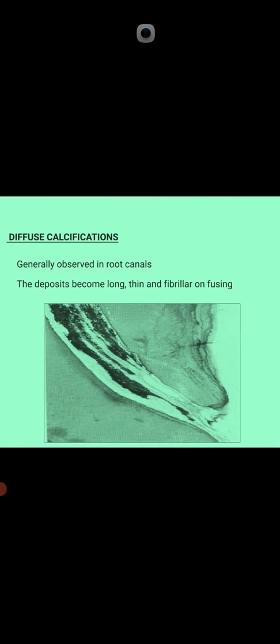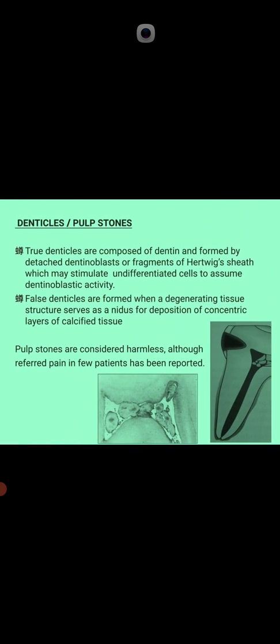Diffuse calcification is generally observed in root canals; the deposits become long, thin, fibrillar and fusing. Look at the diagram: there is a white, long calcification, which is diffuse calcification throughout the root canal. Now come to another diagram.